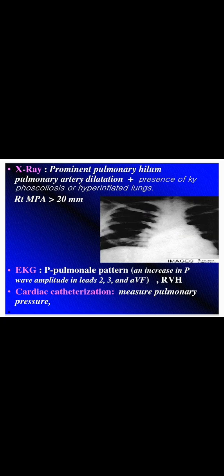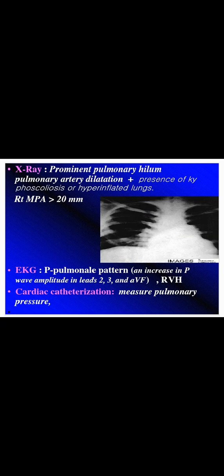While doing X-ray, a prominent pulmonary hilum can be identified, along with hyperinflated lungs or kyphoscoliosis. In EKG we can identify a pulmonary pattern, increased P wave amplitude in leads 2, 3 and aVF, and right ventricular hypertrophy.